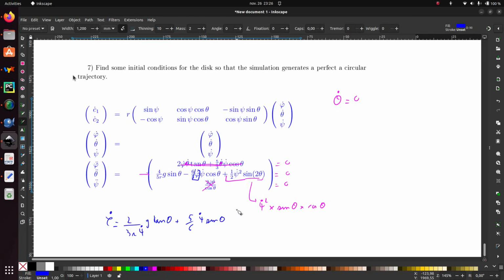So it means that if I take for initial condition something such that this formula is satisfied, then I will perform a perfect circular trajectory.